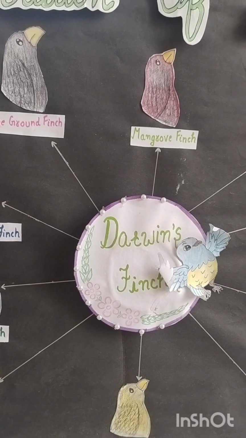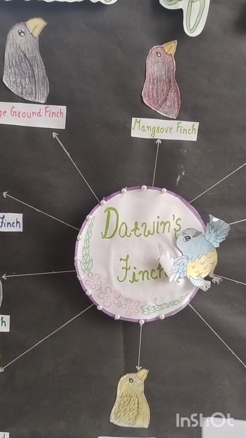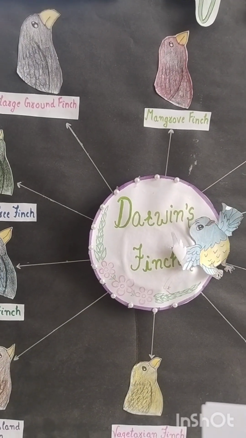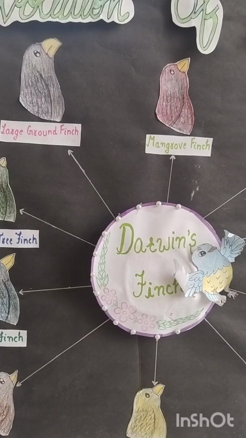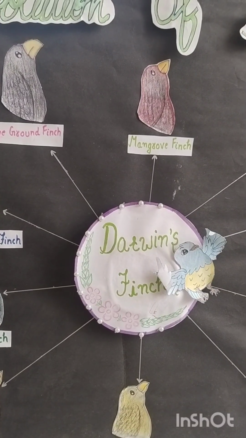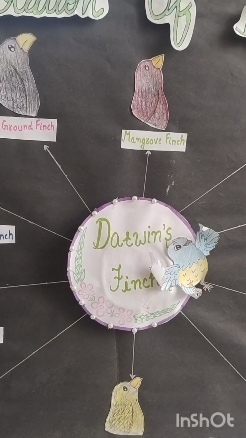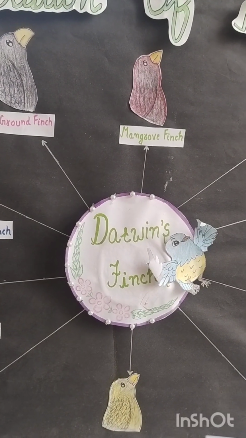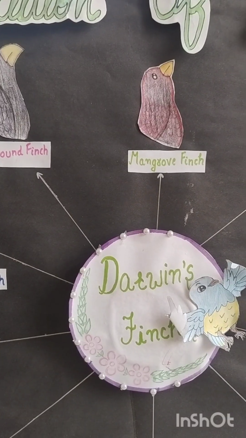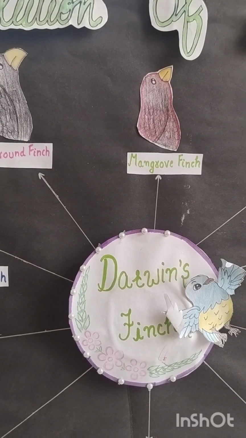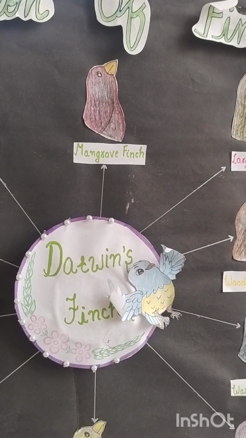Then he tabulated these in the form of evolution, that there are differences among the species which are due to natural selection, which is caused by the inheritance of traits, competition between individuals, and variation in traits. So large-billed finches feed more efficiently on large hard seeds, whereas small-beaked birds feed more efficiently on small soft seeds.